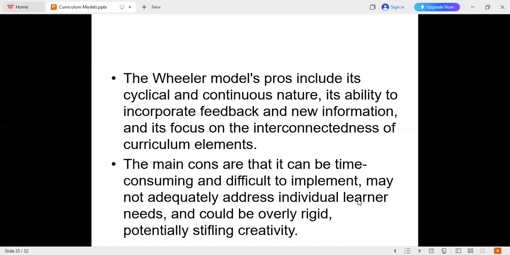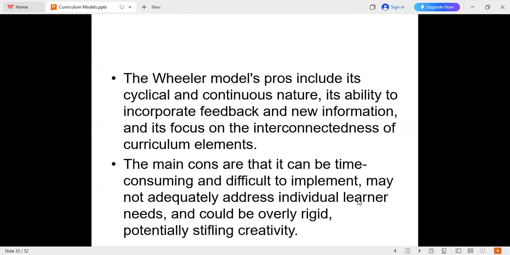Here in this model, we can see he focuses not on individual development but country development, because in the assessment evaluation area, individual learners' achievement is not the focus.